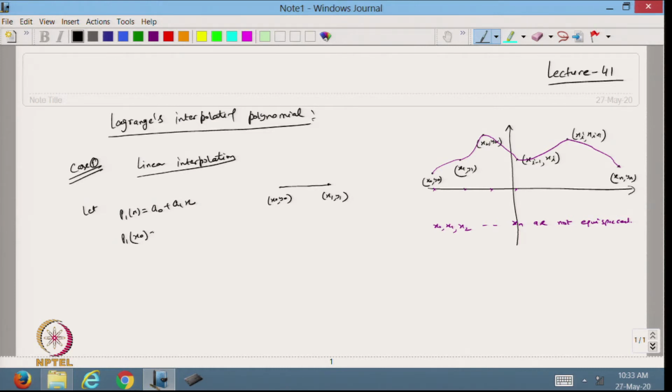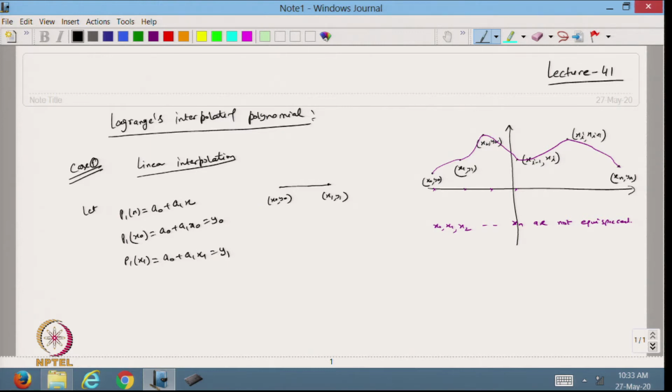If I put x0, it should be a0 plus a1 x0, and that should be equal to y0. Then p1 at x1 is a0 plus a1 x1, and that should be equal to y1.